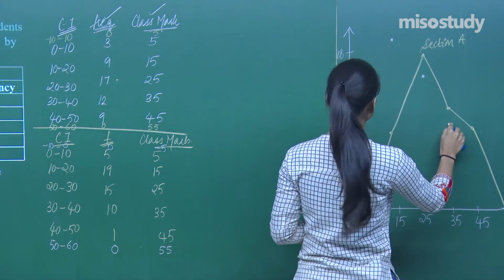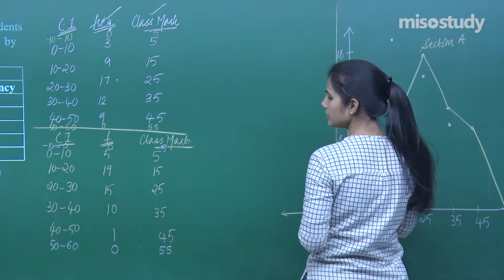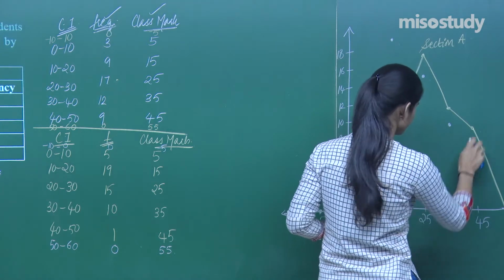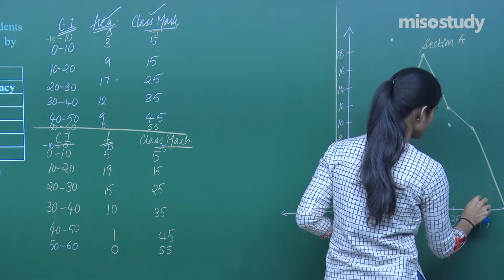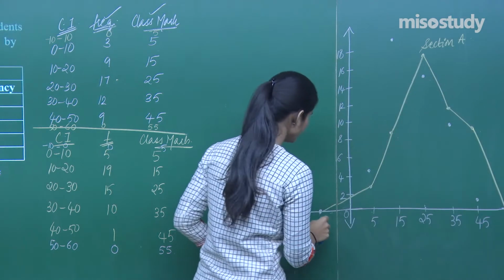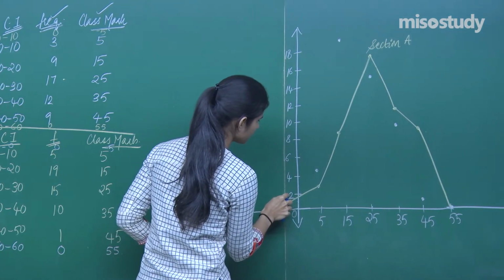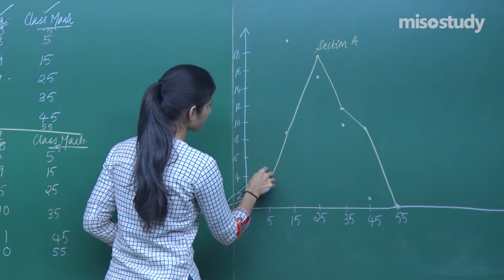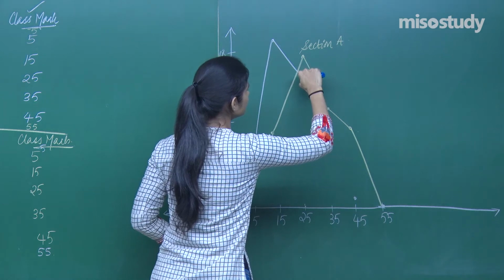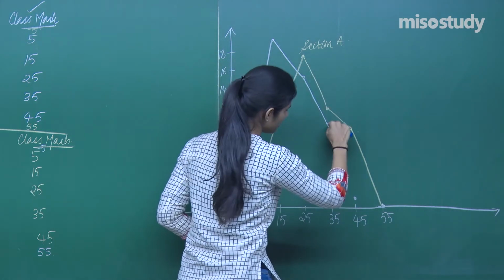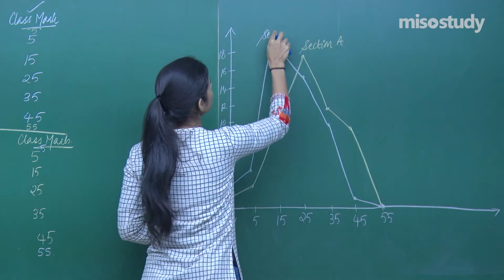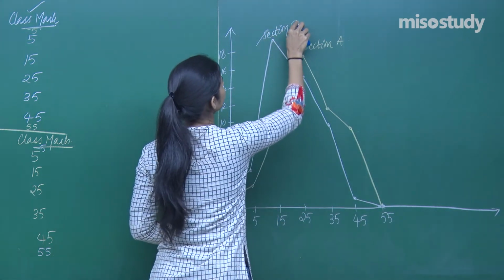This is 12, this is 10. Then 45 comma 1. So here is 1 somewhere, and again 55 comma 0. Let's join these again by straight line segments. This is for section B.